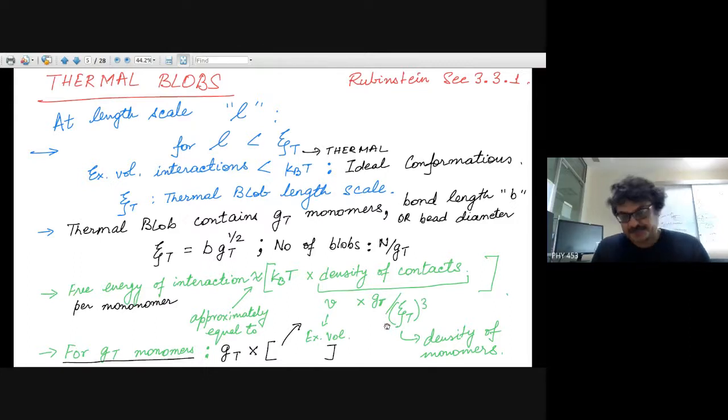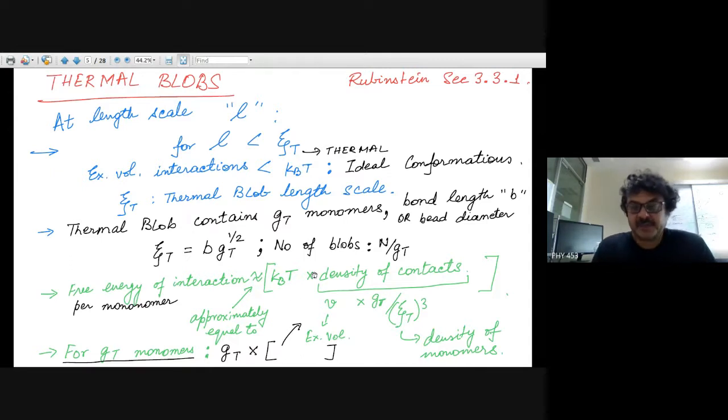Of course, we are not putting in 4 pi by 3, because it's an estimate, an order of magnitude. That's what we are calculating. If there are GT monomers in this volume, this is proportional to the probability of contact, and energy is kBT into that. This is for one monomer, and for GT monomers it is GT into this quantity.